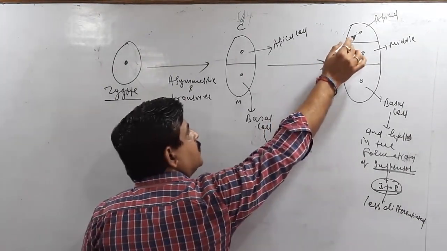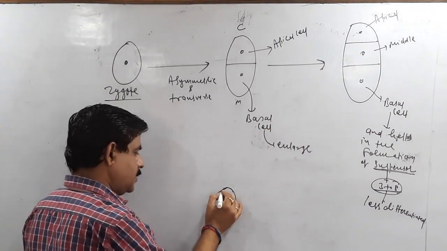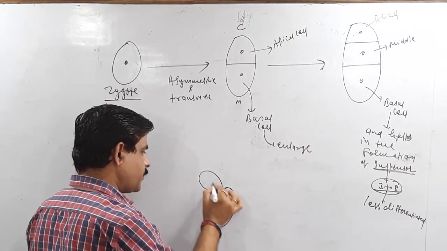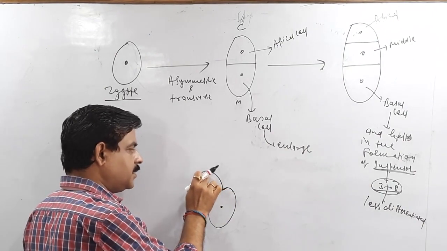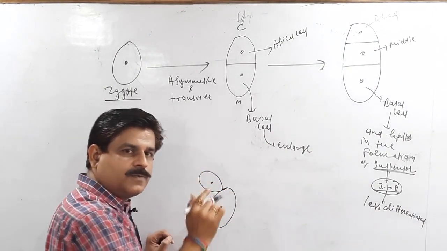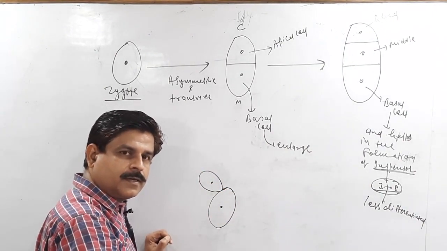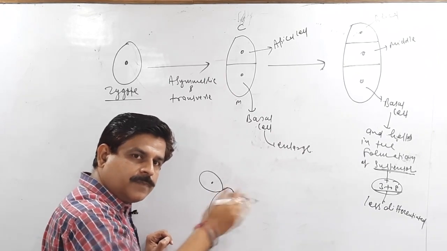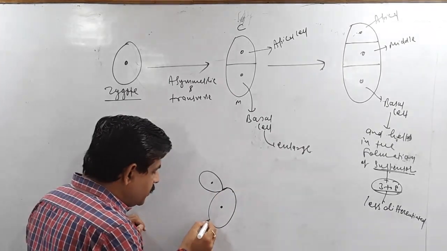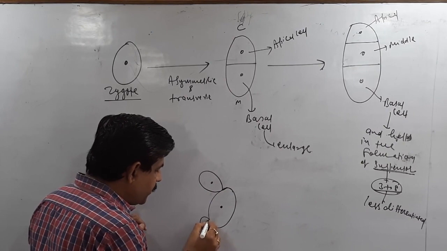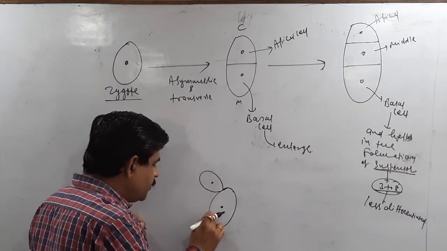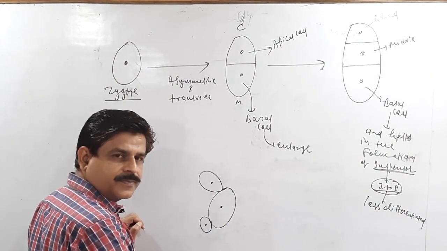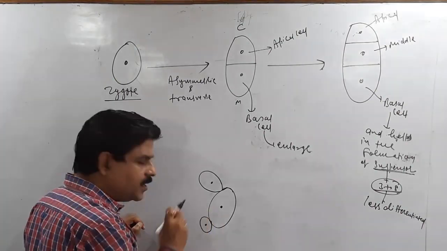Now this apical cell, I am drawing apical cell here. This apical cell is responsible for the formation of single cotyledon. It's called scutellum. This one is the basal cell. Basal cell has some role in the formation of suspensor. Later on this structure will degenerate.